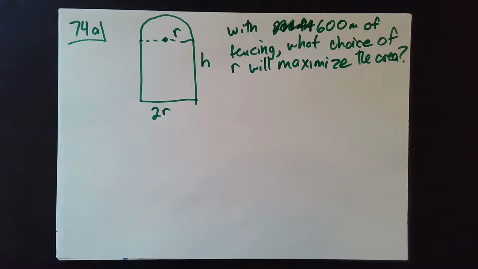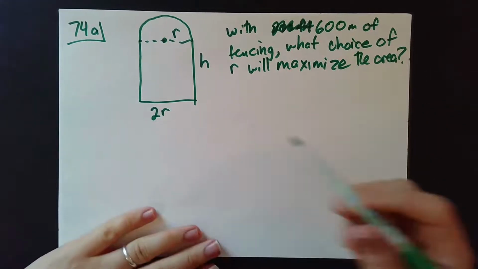Okay, and the question here was specifically about setting this up, figuring out what is the thing I'm optimizing and what is the constraint.